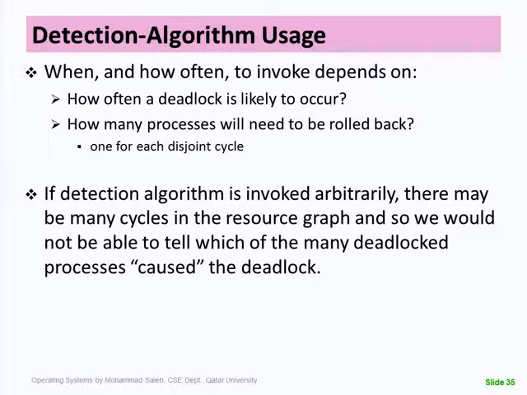And so we also need to use a particular algorithm for recovery, as we mentioned, and that algorithm varies. One important factor that the choice of recovery algorithm depends on is whether we have rollback states for processes.